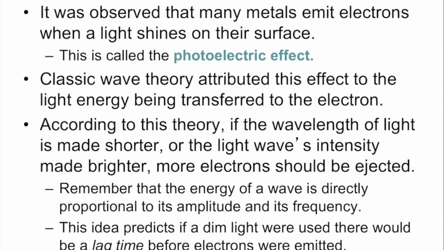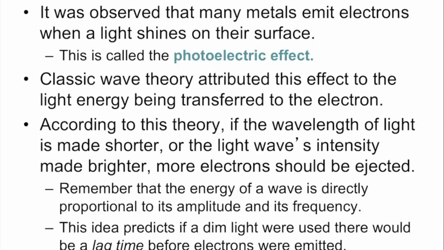According to this explanation, only amplitude had that effect. So basically, the intensity: the more intense the light was, the more electrons they were going to eject.